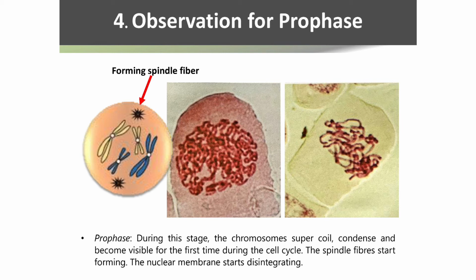You can see the spindle fibers start forming, and the nuclear membrane starts disintegrating. You have time to observe this slide, and you can pause this video to draw the picture on the lab report that represents the prophase stage.